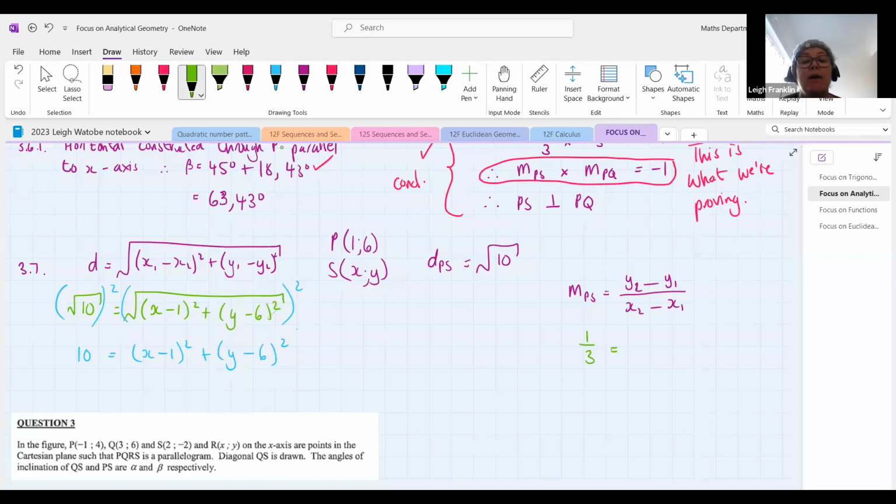Okay, so I can say Y minus 6 up at the top. And at the bottom, I can say X minus 1. What would I do to this green bit now? How would I get it so that I don't have a denominator anymore? What would be the correct thing to do mathematically here with algebra and solving equations? What could I do?